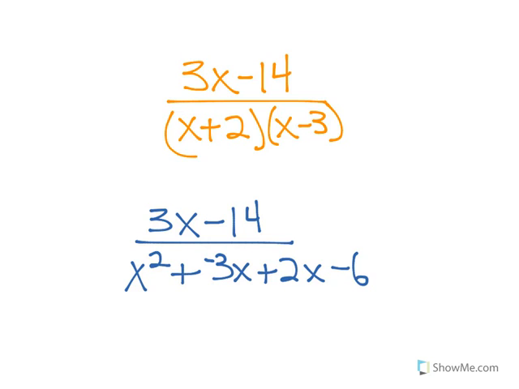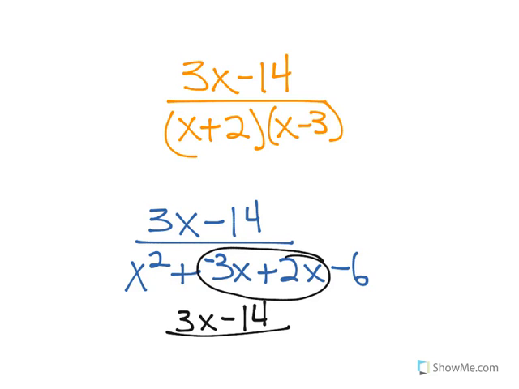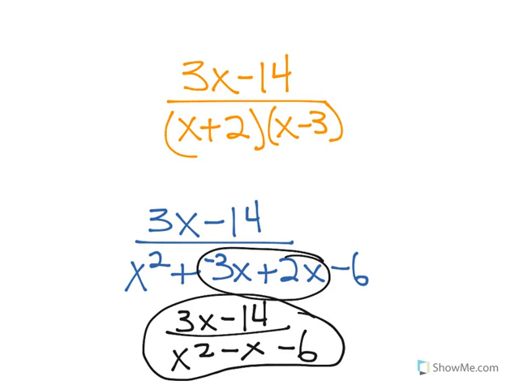So this then becomes 3x minus 14, I'm going to gather up these like terms, all over x squared minus x minus 6. And that's my simplest answer for the difference.